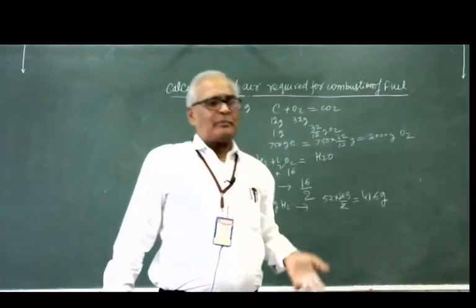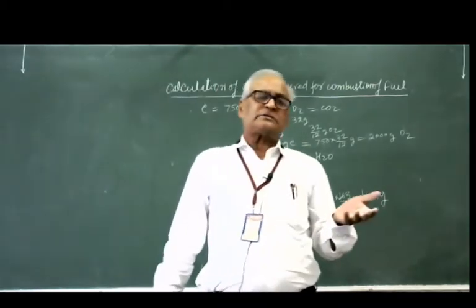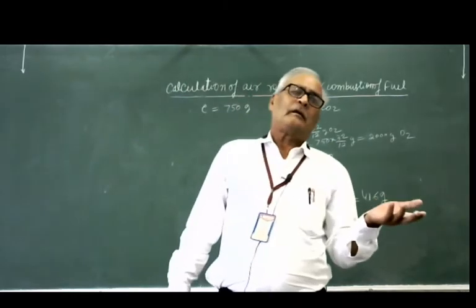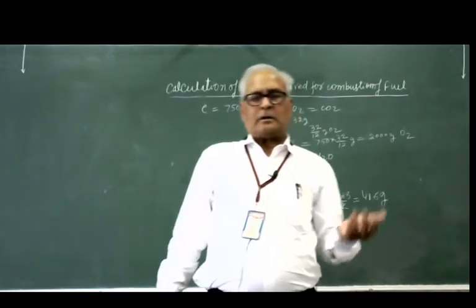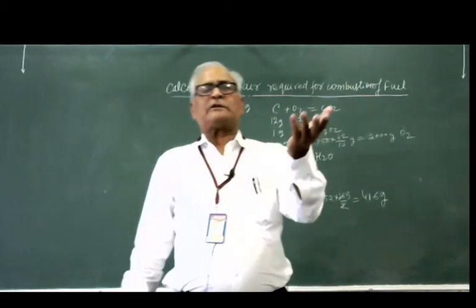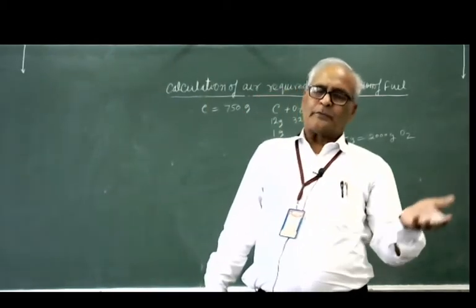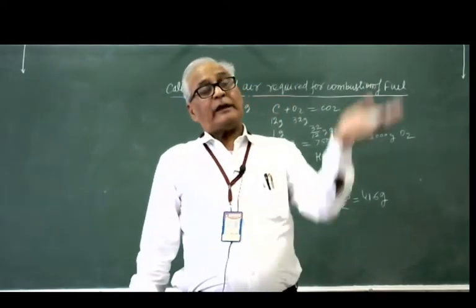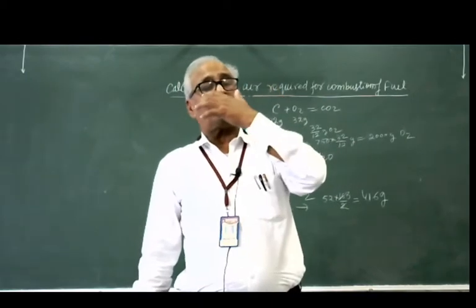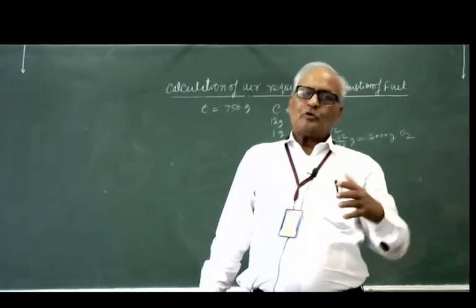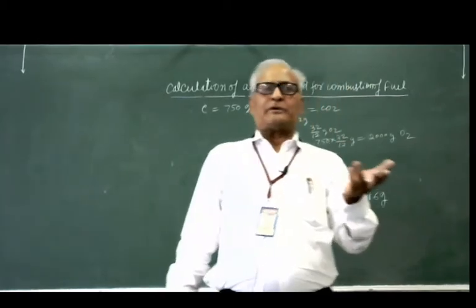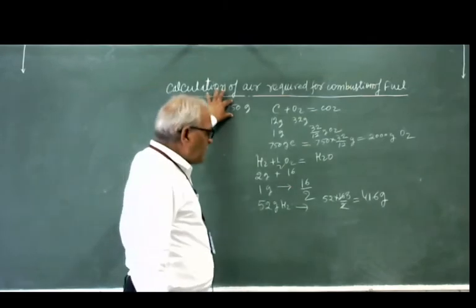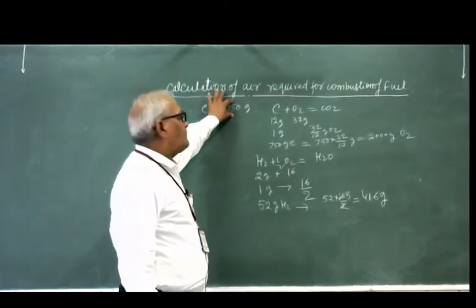The numerical problem says 75%, which means if there is 100 gram of the coal, 75 gram of the carbon is present. So in 1000 grams of coal you will get 750 gram of the carbon. So this much carbon is present in 1 kg of the coal.